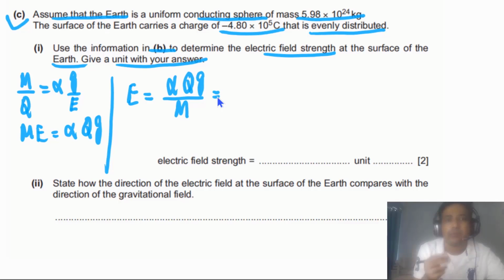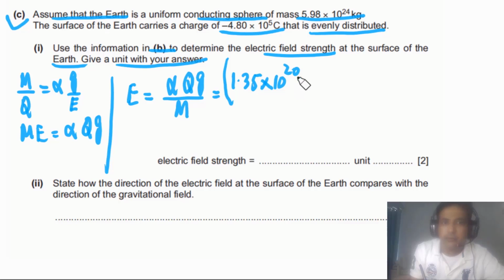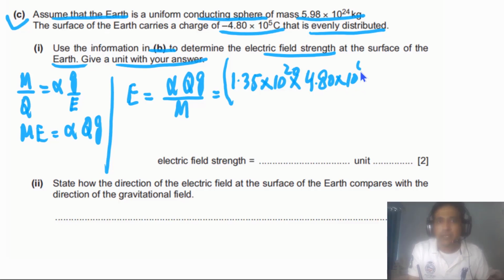Now simply we need to plug in values. Alpha, in the last part we have discussed, alpha was equal to 1.35 times 10 to 20. And the value of Q is given to us here. So this is 4.80 times 10 to 5. We are only interested in magnitude, so no need to add this negative sign here.